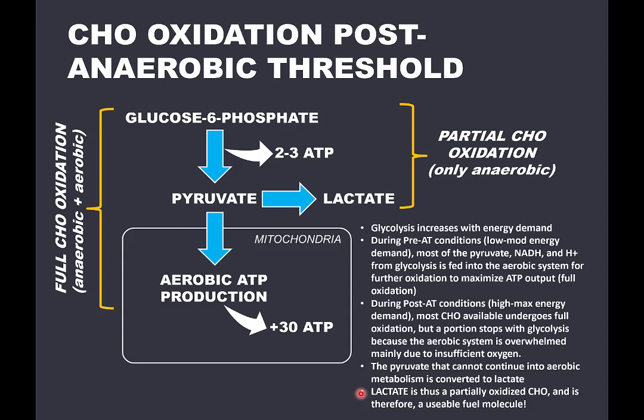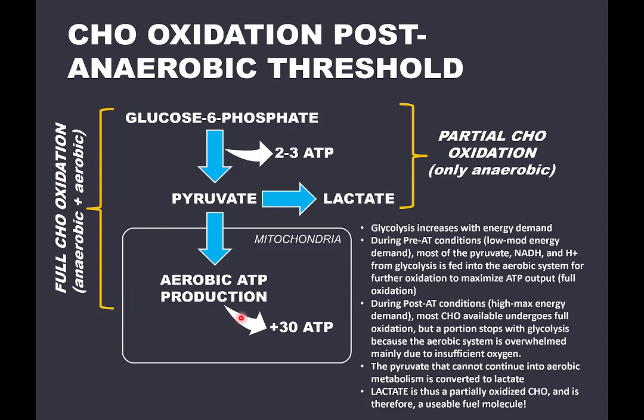During pre-anaerobic threshold, so exercise intensities below the anaerobic threshold, since there is sufficient oxygen availability to meet the oxygen demand, the aerobic system can fully oxidize glucose 6-phosphate after glycolysis. So meaning all the pyruvate that is produced from glycolysis does not convert to lactate, but rather enters further aerobic metabolism in the mitochondria for more ATP production.